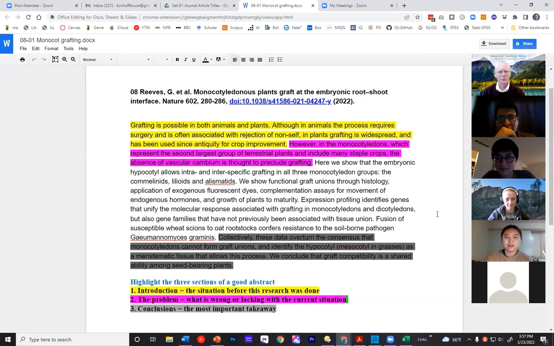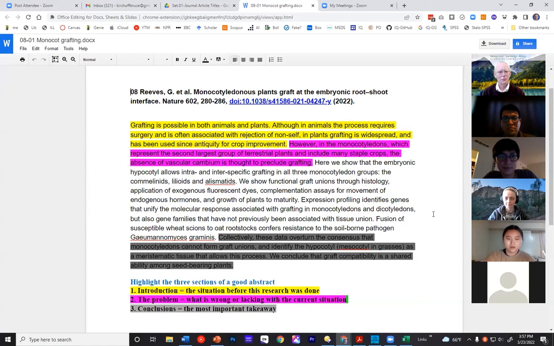And then we thought that the background was the first two or so sentences talking about the possibilities of grafting and just grafting being widespread.